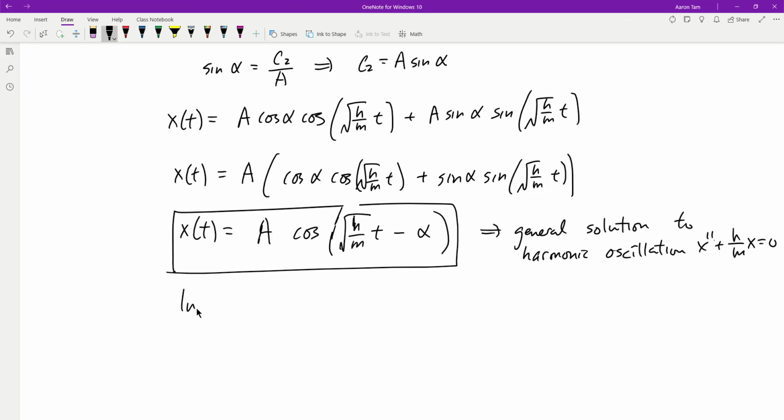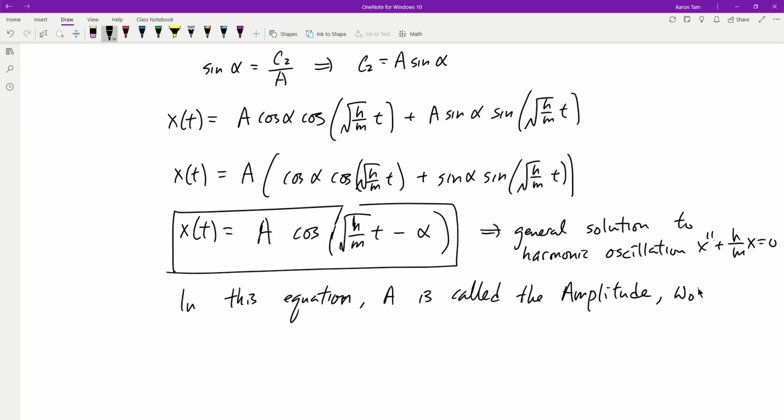In this equation, the following terms are important. A is called the amplitude of the oscillation. And the value radical h over m is sometimes called omega sub 0, and this is called the angular or circular frequency.